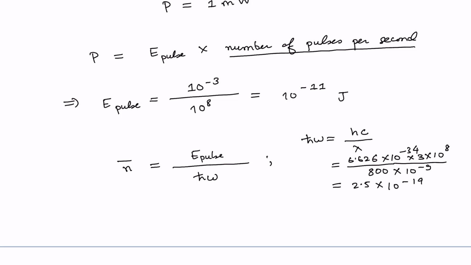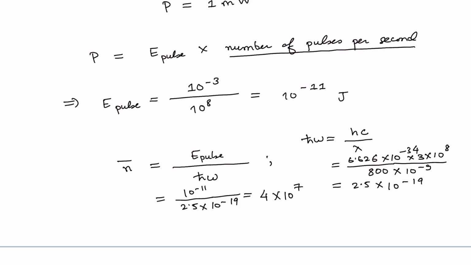So the average number of photons, if you put all these values, is 10 to the power minus 11 divided by 2.5 into 10 to the power minus 19. This is going to give the average photon number as 4 into 10 to the power 7.